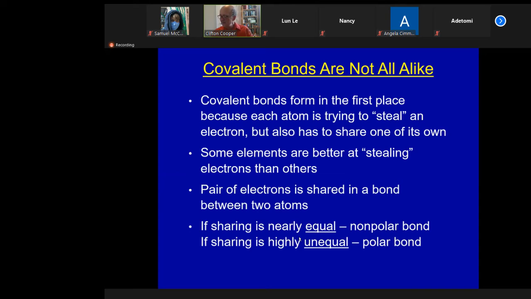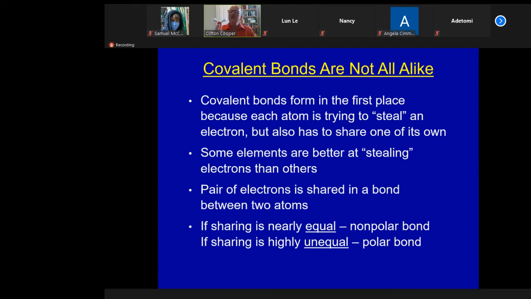So if we have sharing that is completely equal, like for instance right here, we have two identical oxygen atoms. They're pulling exactly the same on the shared electrons. This one is totally non-polar. On the other hand, we have here water, and oxygen and hydrogen are actually extremely different in their pulls on the electrons.